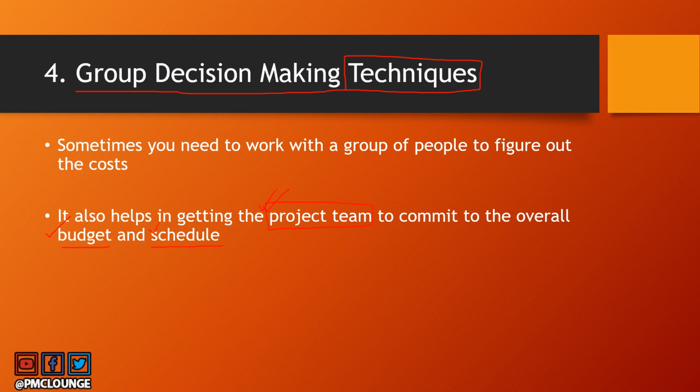So if a developer tells you that X will be the cost for his or her activity and Y is the amount of time that is required to perform his or her activity, then they will feel more accountable to the budget and the time that they have given to you. So that is why the group decision making technique is a very important technique, specifically in terms of cost and schedule of the project.